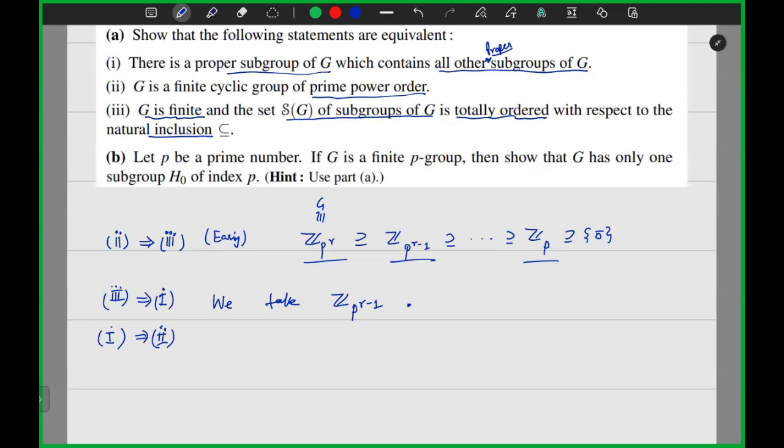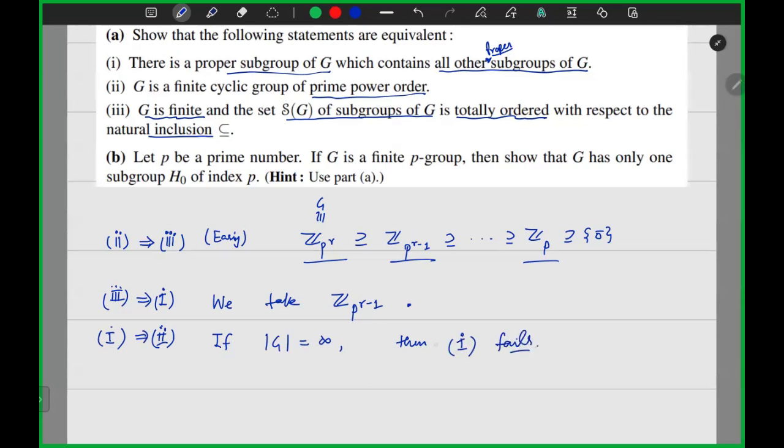What will happen if the order of G is infinite? Then the hypothesis one fails, correct?